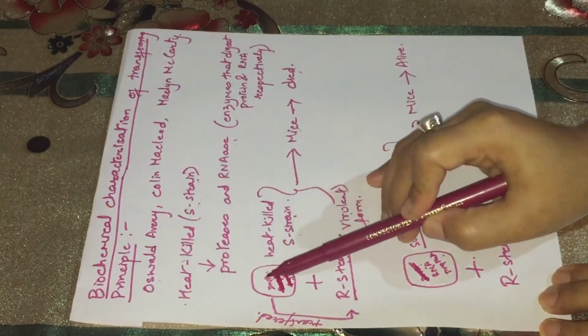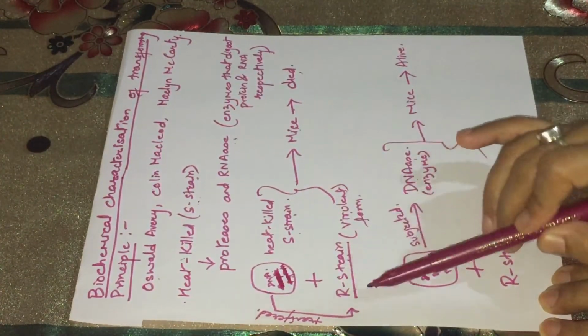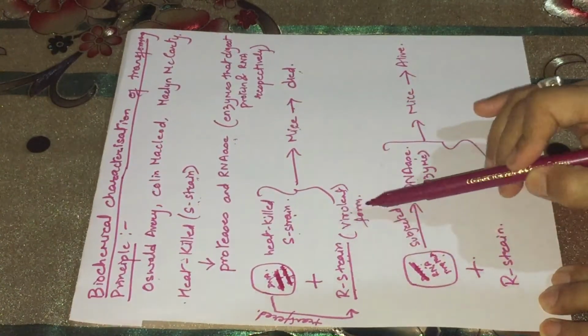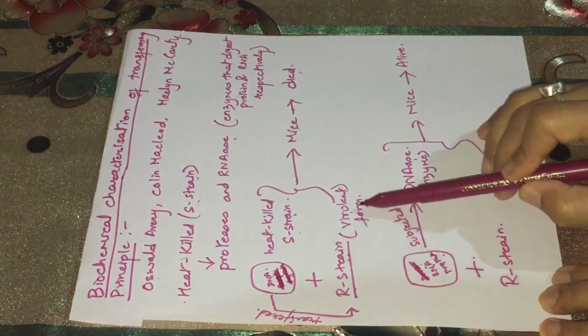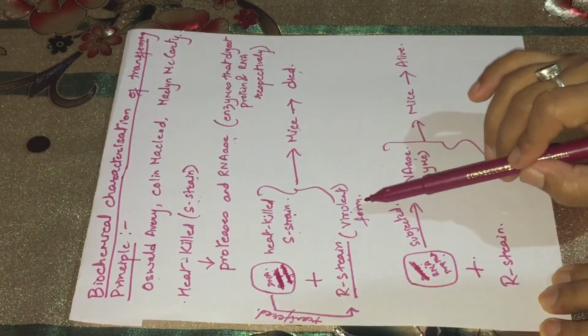That means it was DNA which was transferred from this cell into the R strain cell and made it virulent, able to synthesize the polysaccharide coat.